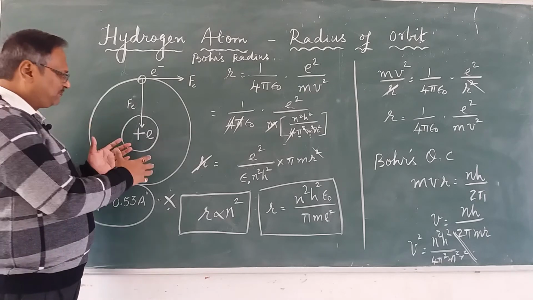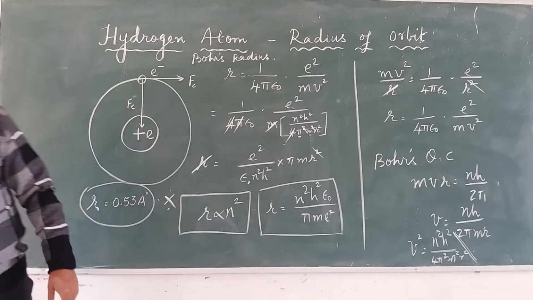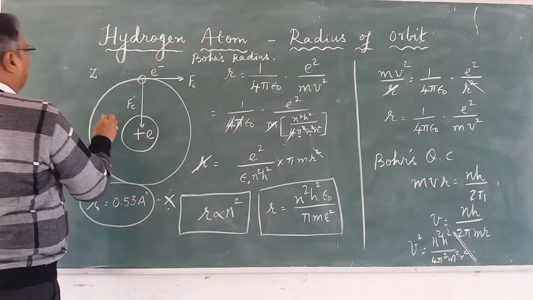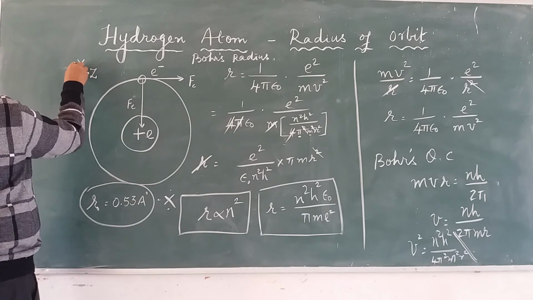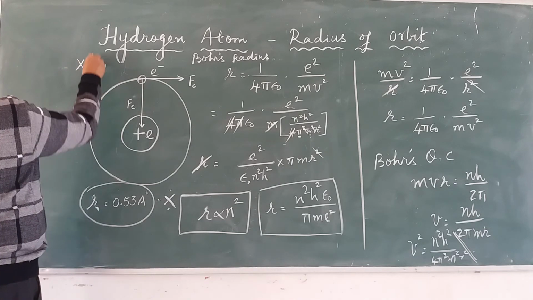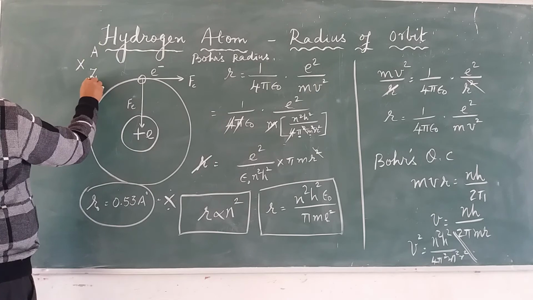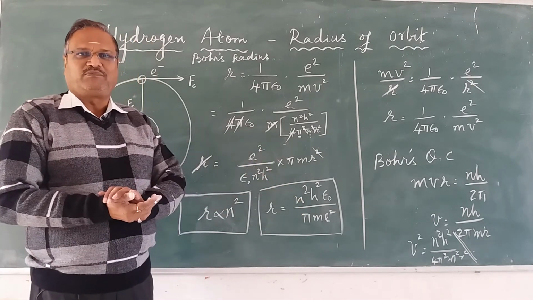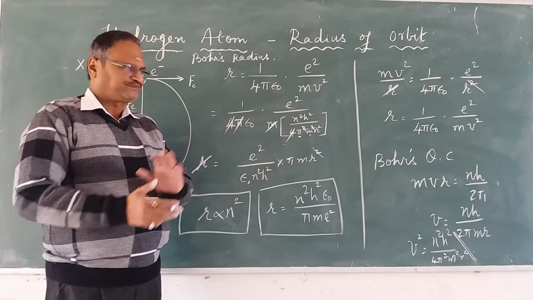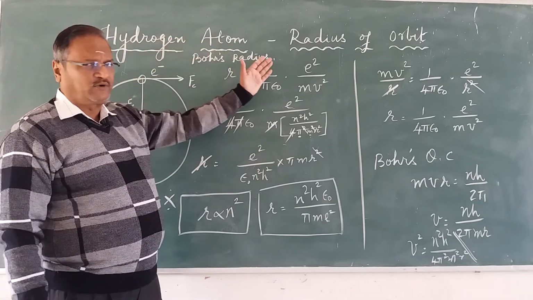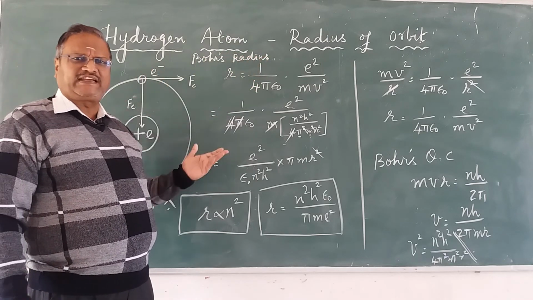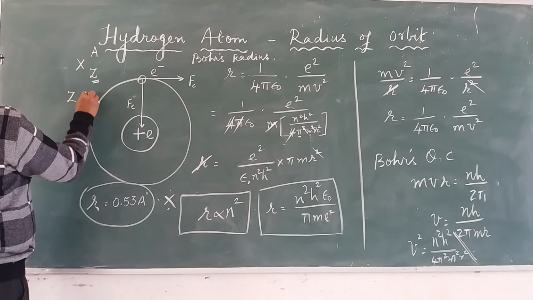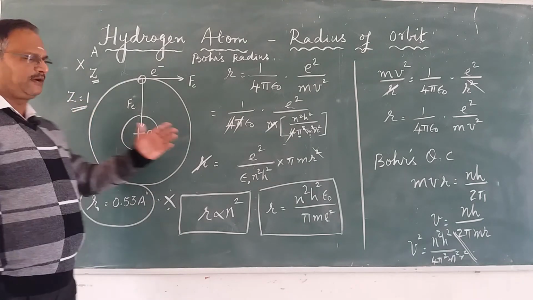And suppose you have some other atom, then everywhere you will bring in a term called Z, because we know that for every element X, Z is the atomic number and A is the mass number. So Z can be brought into the system. But I will tell you, avoid that. It is not necessary, because when we are specific about a hydrogen atom, we can easily take Z equal to 1 and the equation fits very well, and that is the way we approach it.